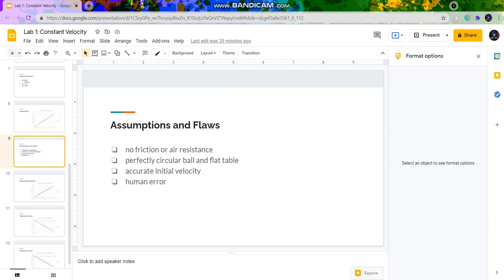This is because any imperfections in the shape of these objects results in non-constant velocity. Another assumption is that our initial velocity we calculated is actually accurate. This we know is not always the case because Tracker has a lack of precision due to us manually selecting the data points. Lastly, there is always going to be human error present in these labs. It could be the way the ball is rolled or the angle of the camera.